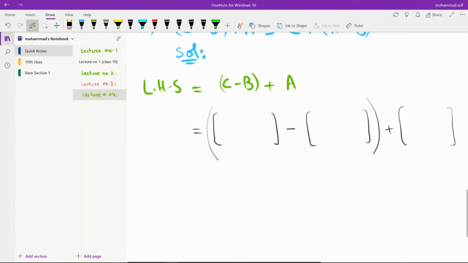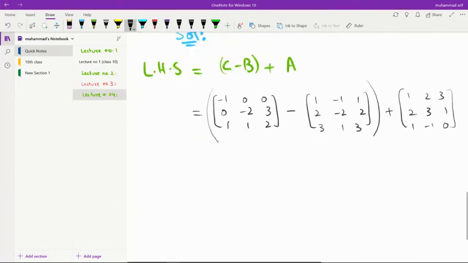C matrix is negative 1, 0, 0, 0, negative 2, 3, 1, 1, 2. Similarly, B matrix is 1, negative 1, 1, 2, negative 2, 2, 3, 1, 3. And at last, matrix A is 1, 2, 3, 2, 3, 1, 1, negative 1, 0.